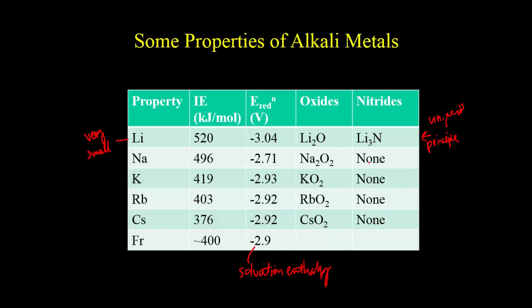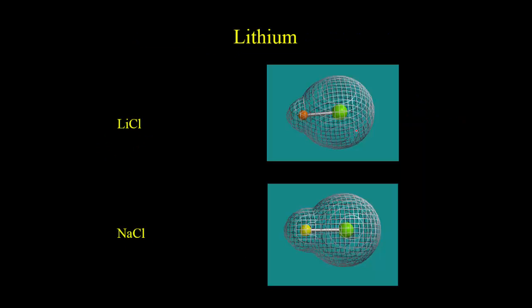Another unique chemistry of lithium is its reaction with nitrogen. The other alkali metals do not react with nitrogen, and so if you are working with lithium, say doing lithium battery research, you need to work with an inert gas such as argon rather than using nitrogen as your inert gas.